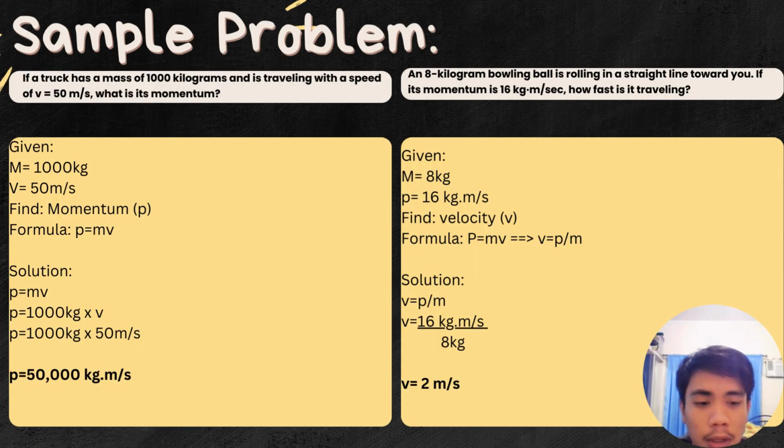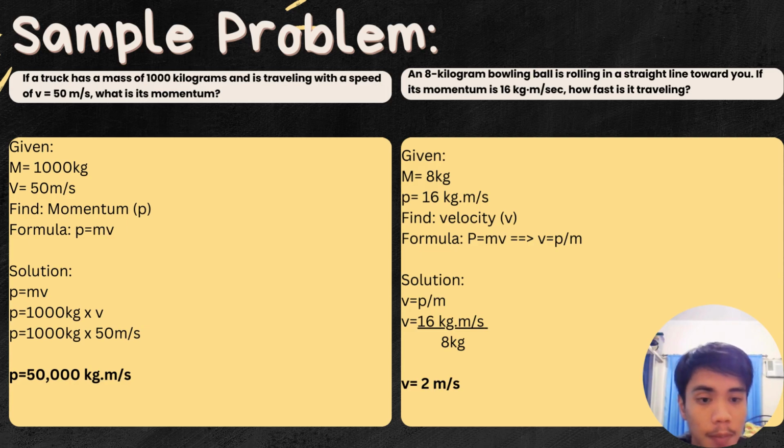And now for the sample problems. We have two sample problems here, and we will go with the first one. It says here, if a truck has a mass of 1,000 kilograms and is traveling with a speed of 50 meters per second, then what is its momentum?